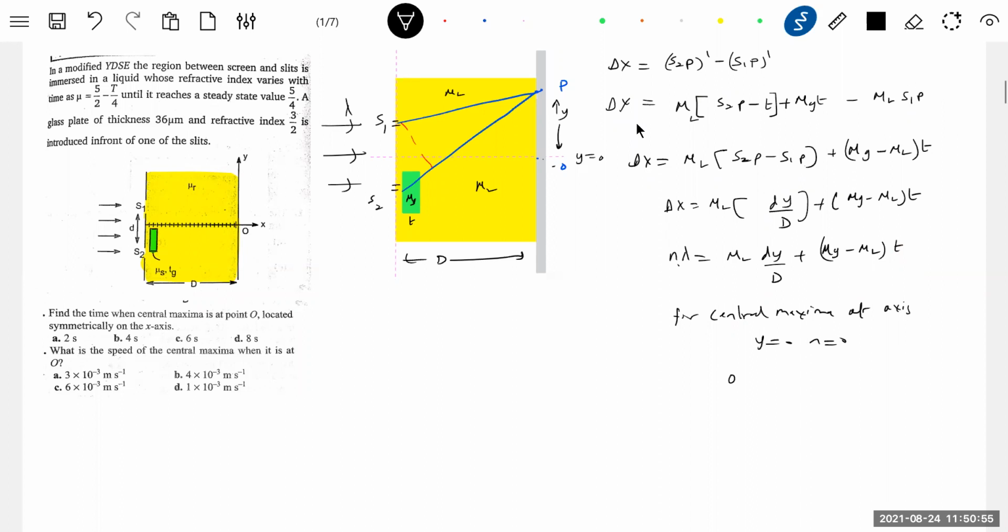So therefore 0 equal to 0 plus mu g minus mu l into t. What is that mu l? 5 by 2.